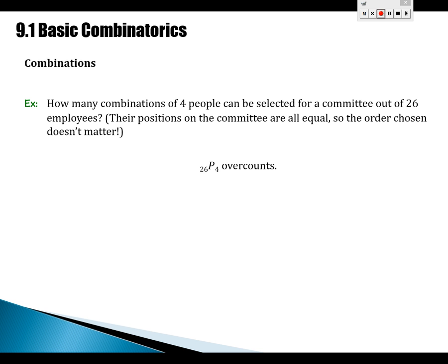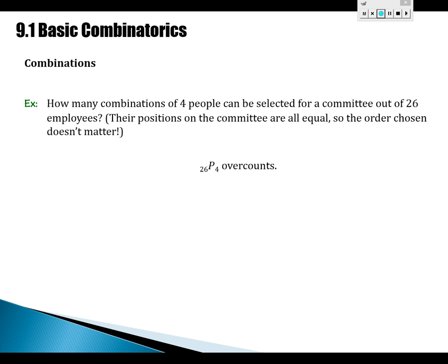Do you remember how I came at one of our repetition problems yesterday in that way? So how many times does this group of 4 appear on our list? Doesn't every single arrangement of them appear on the 26P4 list? 24 times, in fact.